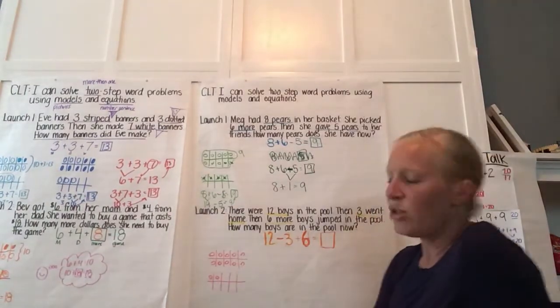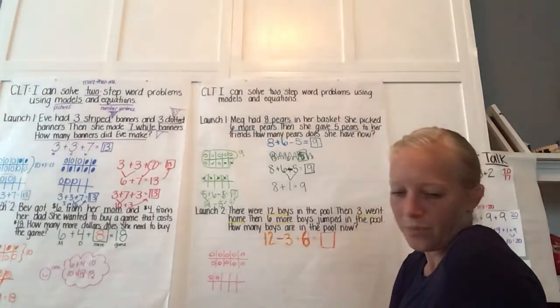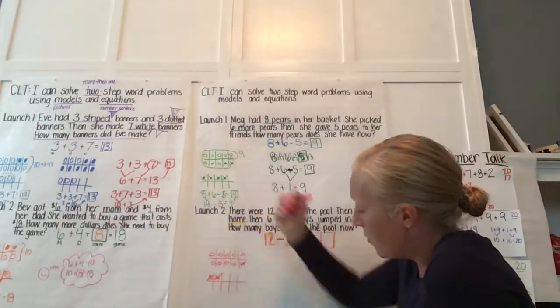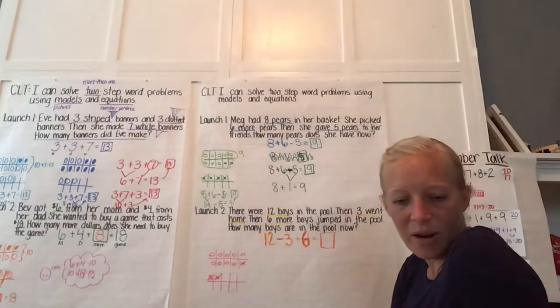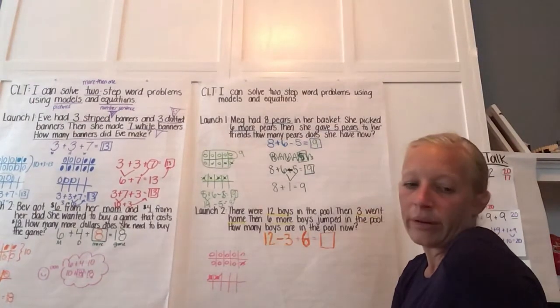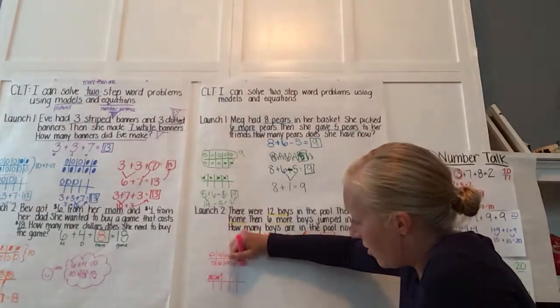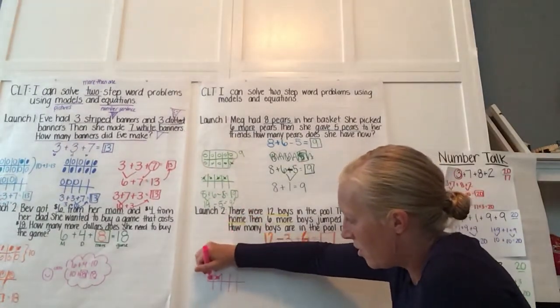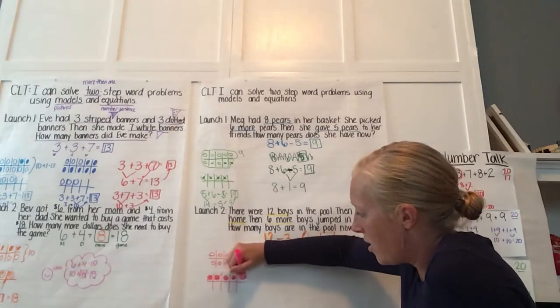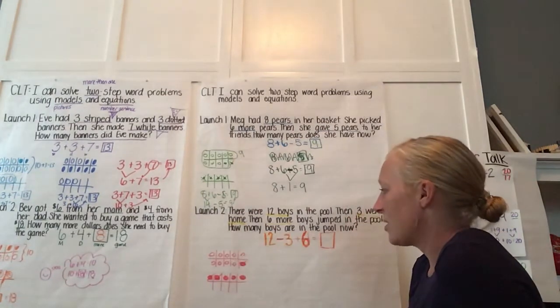So what did you do after you had that 12? Okay, you took away the 3. Crossed them off. Took them off of your board. Crossed them off on your picture. Then what did you do? Oh, you had to put them back on there, huh? So then you did 1, 2, 3, 4, 5, 6. And what did you notice?